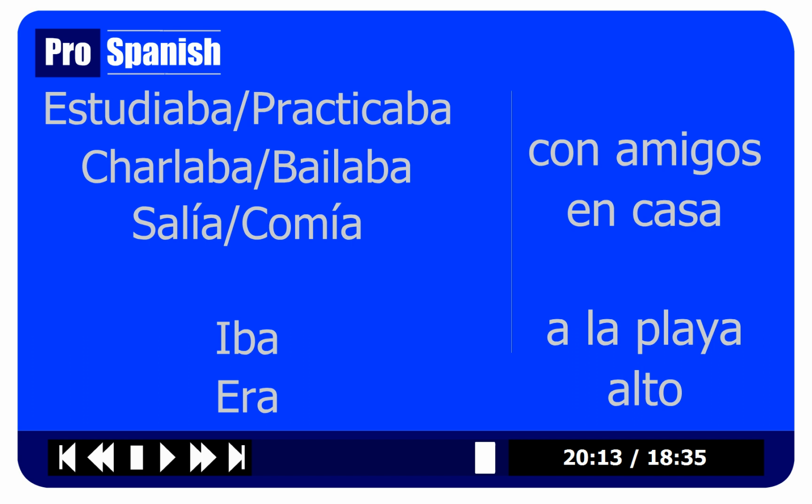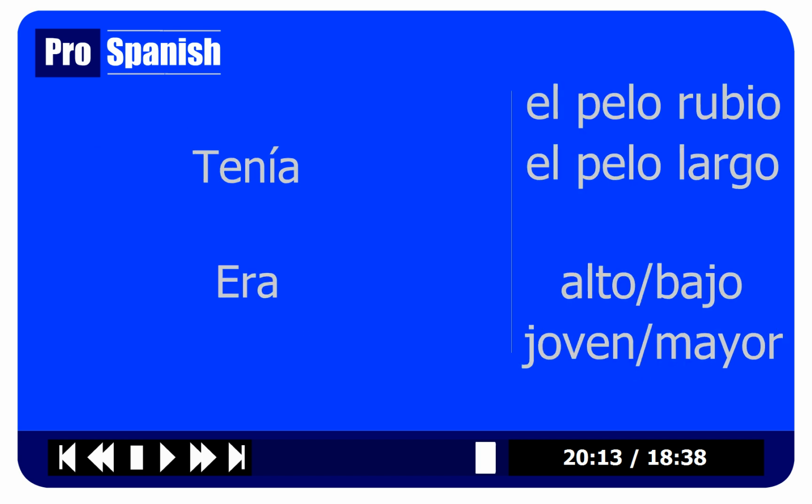So you'd have to say tenía, because you couldn't use the preterite, which would be like a single occasion. You're talking about something ongoing, a description. So you would say tenía el pelo largo. He or she had long hair.